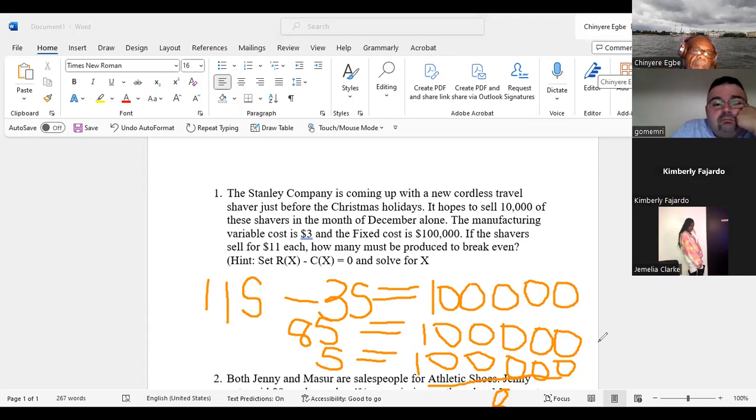But then if you reduce your selling price from 11 to 8, that means that you would need to manufacture and sell 20,000 shavers in order to begin to make a profit. So the question is, would you be able to sell 20,000? And maybe by reducing the price from 11 to 8, you'll be able to sell more than 20,000.